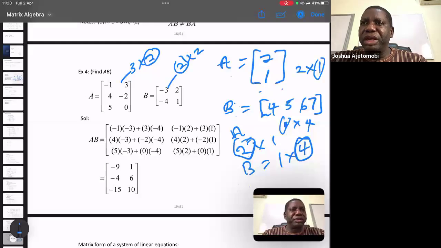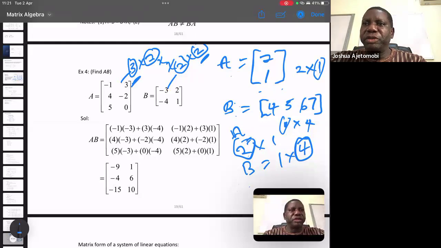Here the column of A is 2 and the row of B is 2. So these two must be the same. If they are not, then they are not conformable for multiplication. And the product will always have the rows of the first and the columns of the second.